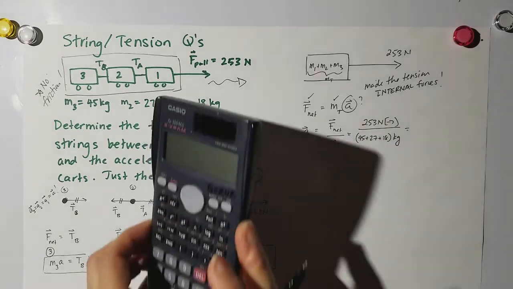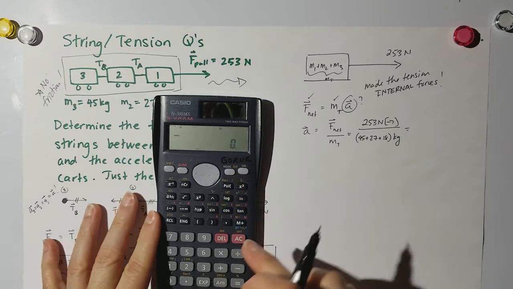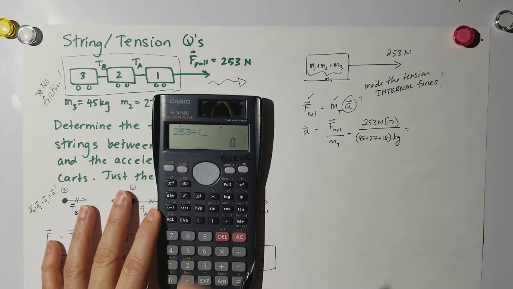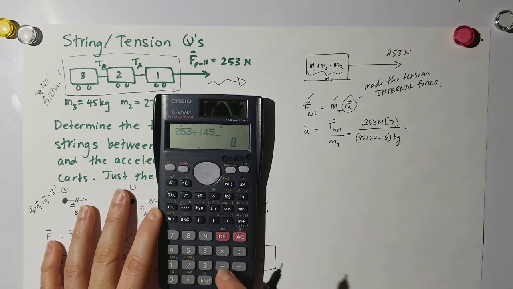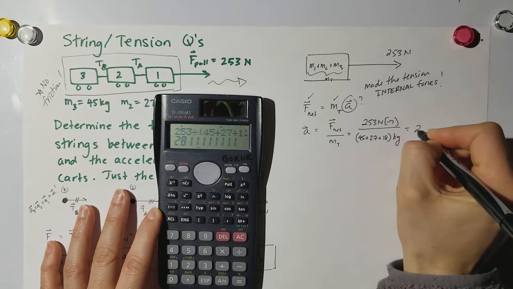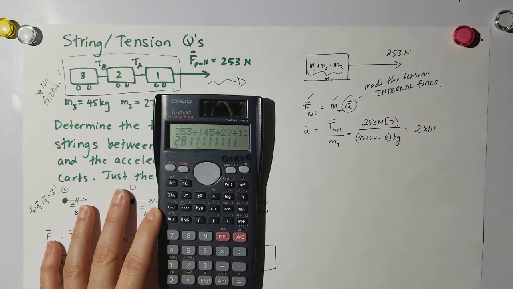So I'm going to put that on my calculator. 253 divided by, and I'm going to add these up, 45 plus 27 plus 18, close a bracket. Okay, I get 2.8111 repeating.